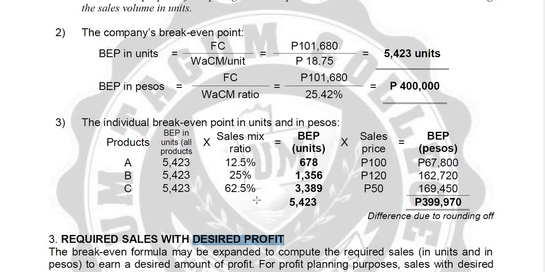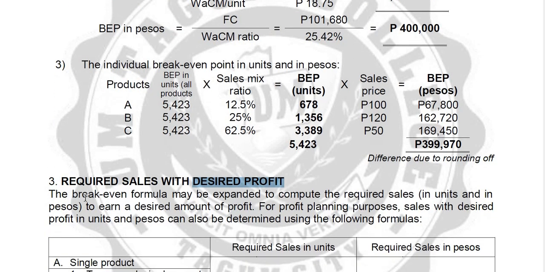If you want to predict the number of sales volume that you have to sell in order to achieve your desired profit, the break-even formula may be expanded to compute the required sales in units and in peso to earn the desired amount of profit.